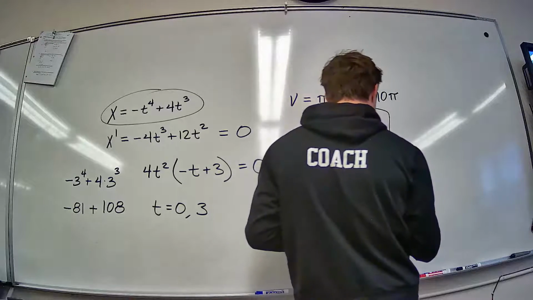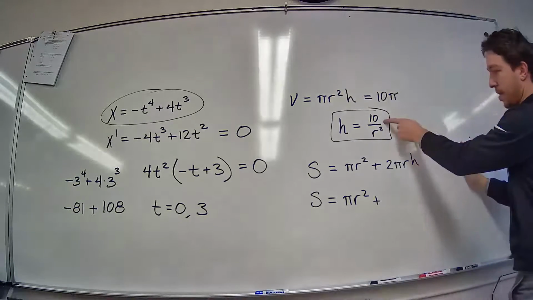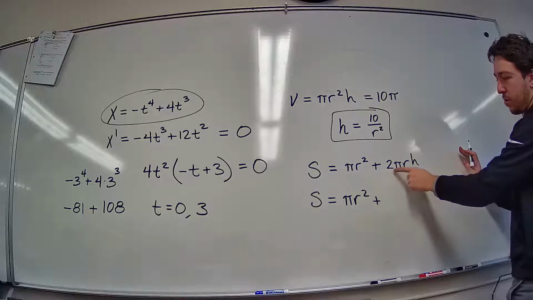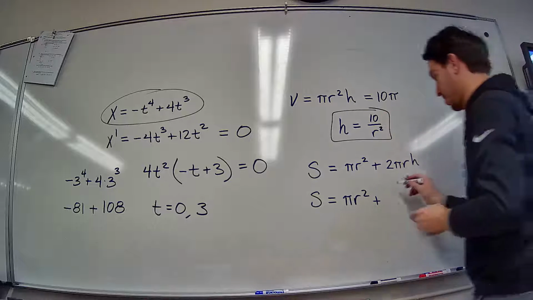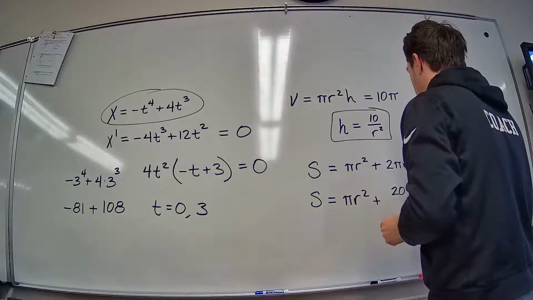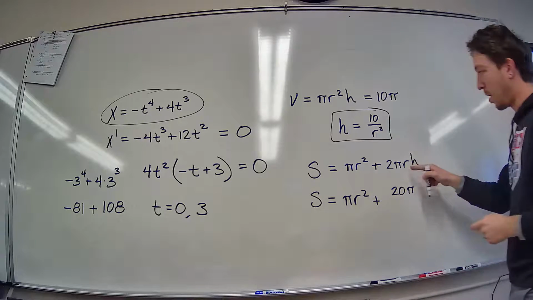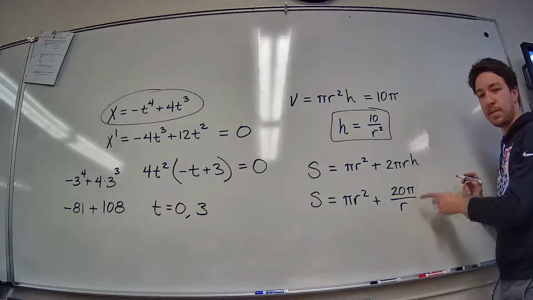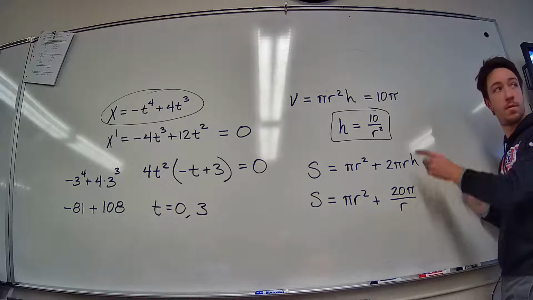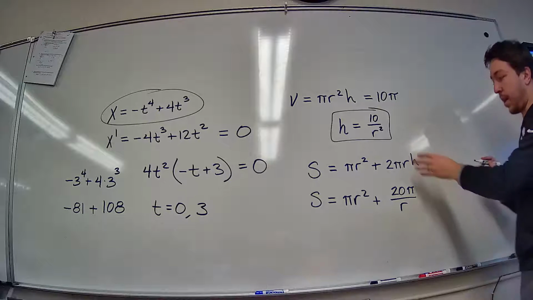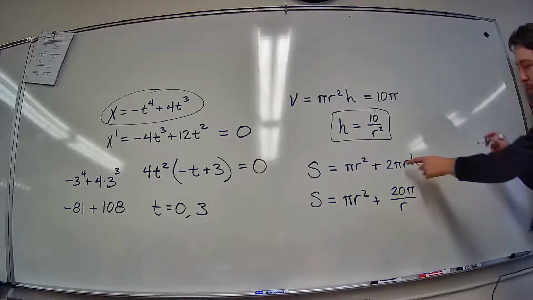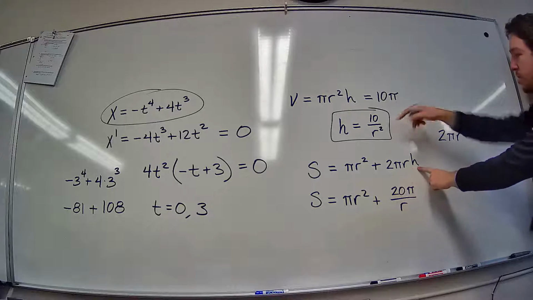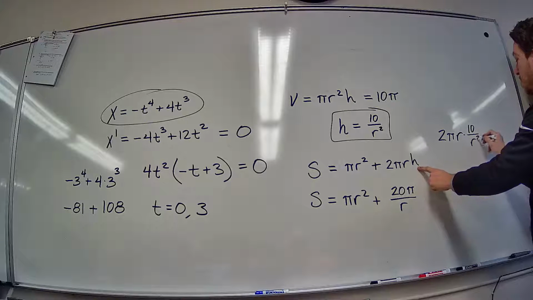Pi r squared plus, if I plug that in there, I get 2 pi times 10, it's 20 pi. And then I'm going to have r over r squared. Is it okay that I skip that little step there? I can certainly show it just in case. What I didn't show there was I went 2 pi r times h. My h was 10 over r squared.